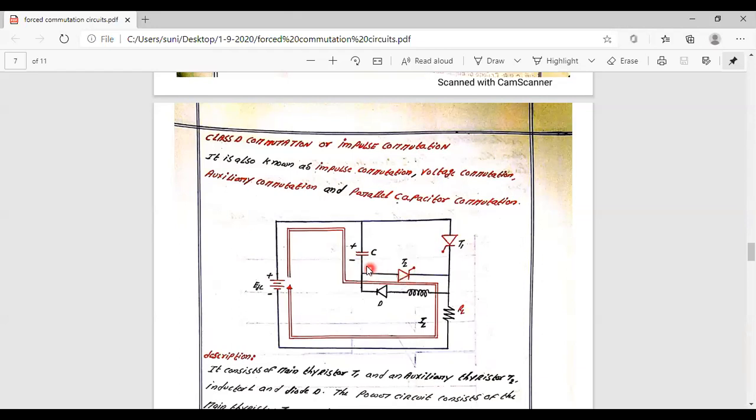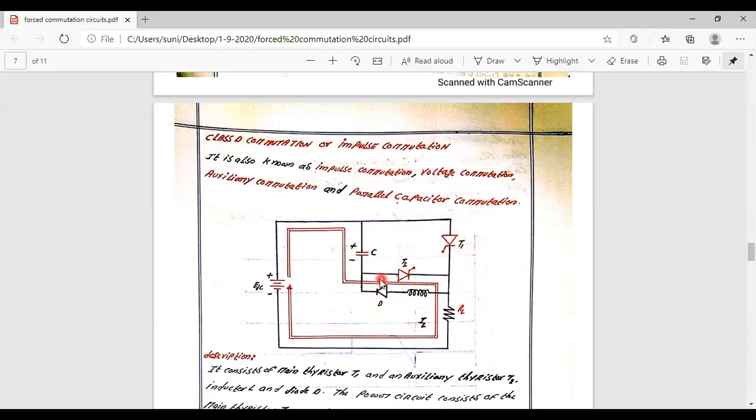Positive potential of capacitor is applied across the cathode, and negative potential is applied across the anode, isn't it? So a reverse voltage is going to be applied across the switching device, conducting device. So the device is going to be turned off. So this is also called as a voltage commutation, impulse commutation or voltage commutation.